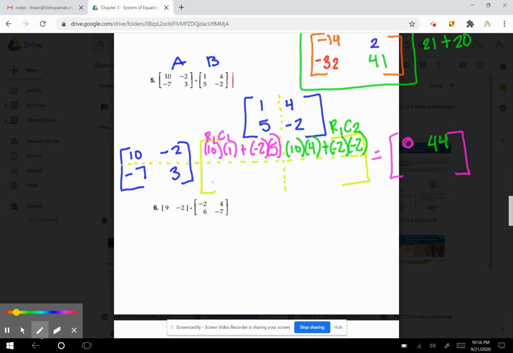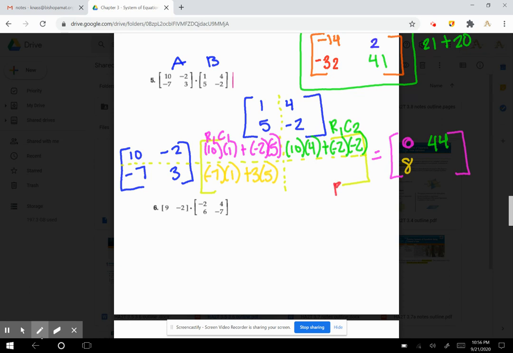Next, we'll go to the bottom left. So bottom, -7 and 3, left 1 and 5. So first times the first plus second times the second. That is a -7 plus 15, which gets me 8. And last but not least, we're going to do bottom right.